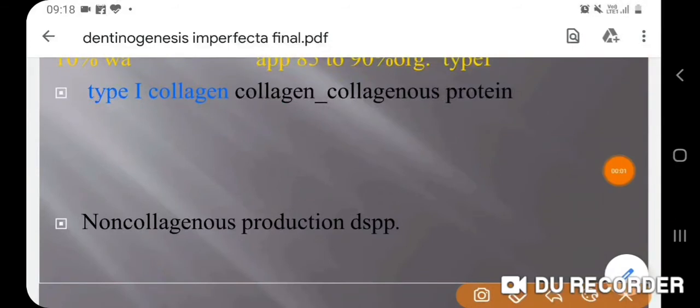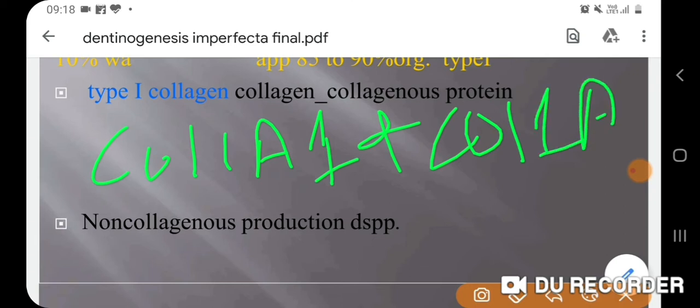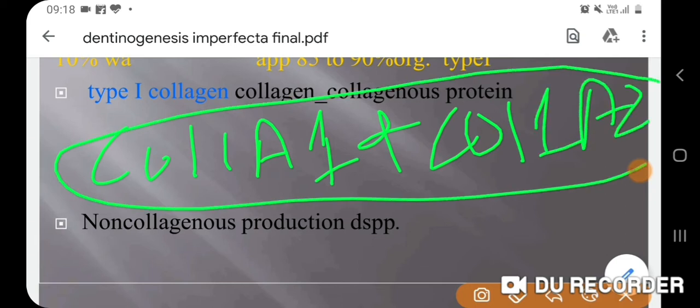Genetic studies show that the dental alterations are related to mutation in COL1A1 and COL1A2 in Shields type 1 dentinogenesis imperfecta. These two genes are mutated and the disease progresses.